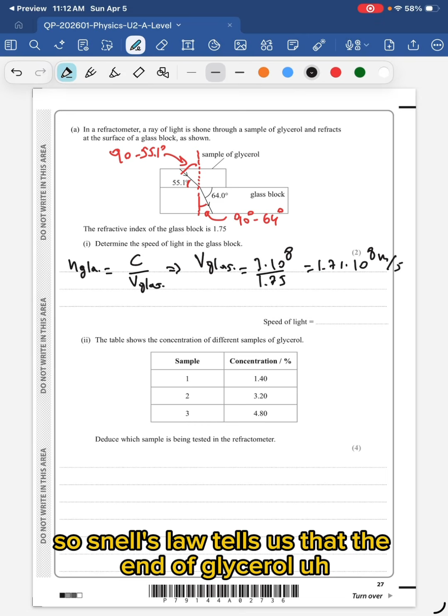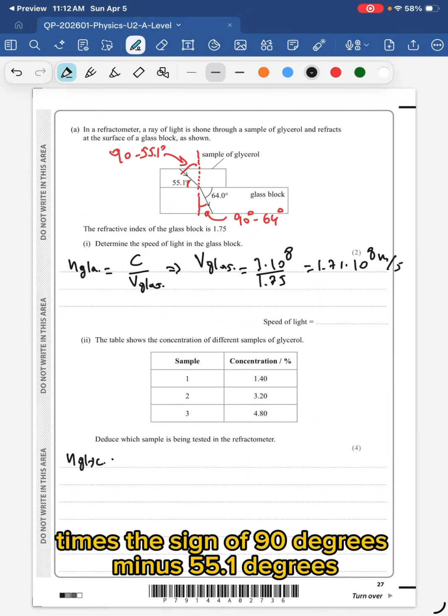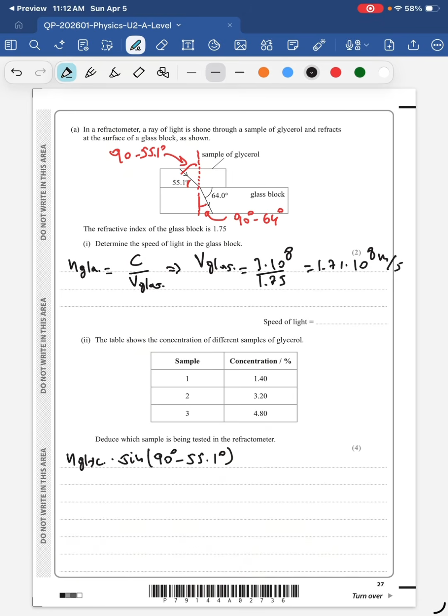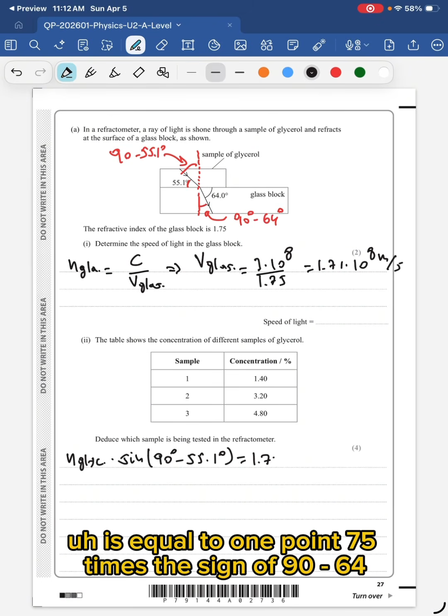Okay, so Snell's law tells us that n of glycerol times the sine of 90 degrees minus 55.1 degrees is equal to 1.75 times the sine of 90 minus 64.